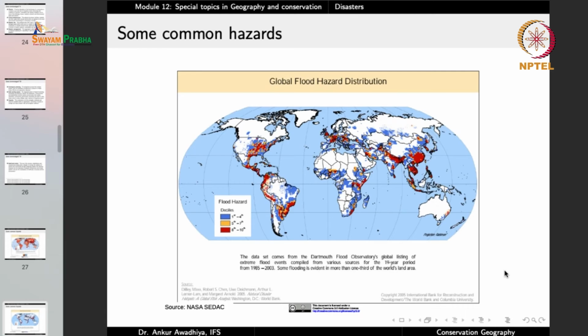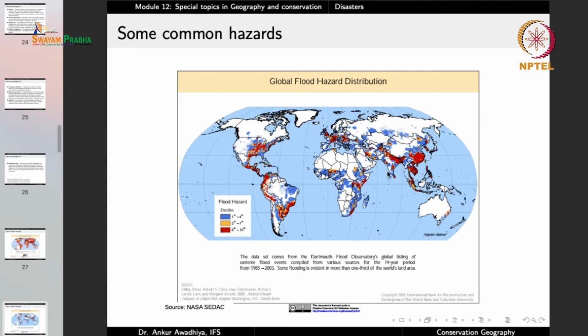If you look at the hazard of floods, so this is the global flood hazard distribution. Here again we can find that our northern plains have a very high hazard of floods, but we also have areas in the eastern coast that have a very high hazard of floods. Now these eastern coast areas have a high flood hazard primarily because of the activity of cyclones.